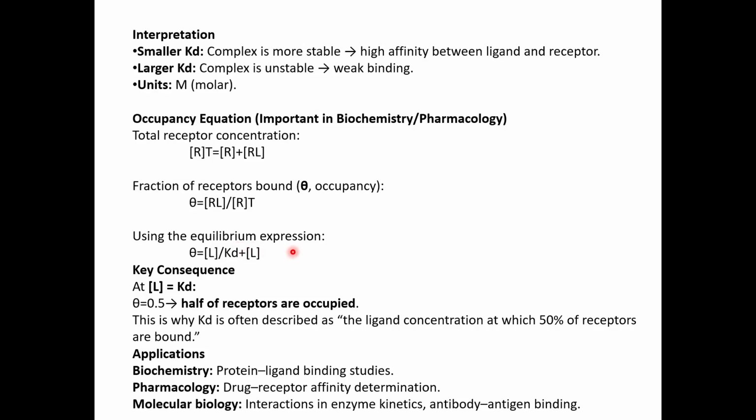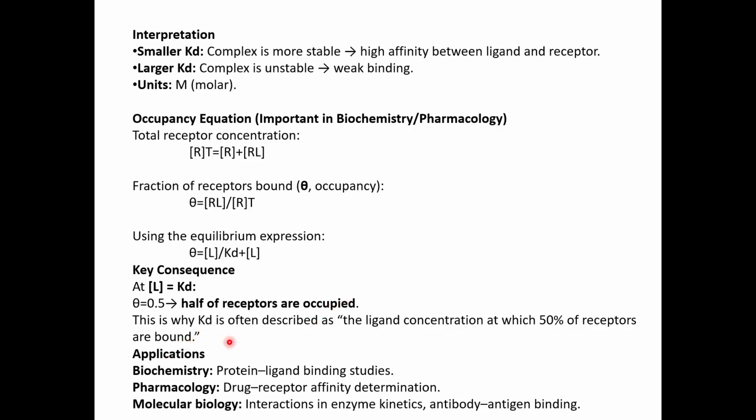So you can see in the final derived equation, we represent it in terms of the concentration of the ligand. That is why, when you describe KD, you generally describe it as the concentration of the ligand at which 50% of the receptors are bound.